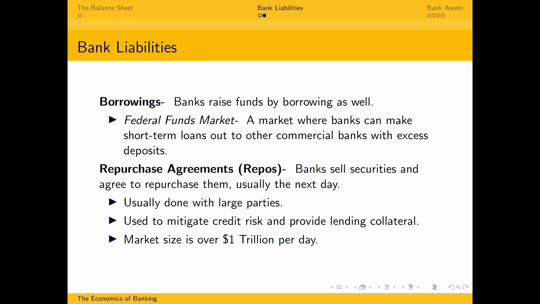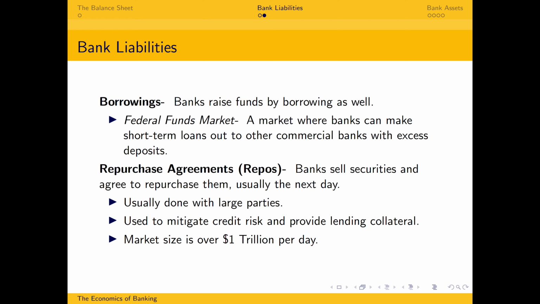So if you're looking at a small bank in my hometown in Wyoming, if they issue a large mortgage or get a large mortgage paid back, all of a sudden they have an excess of cash. If this is a $500,000 mortgage and it gets paid back, they suddenly have an extra $500,000. So they may lend it out on the federal funds market to get a little bit of interest on that while they're looking for someone else to lend it out to.